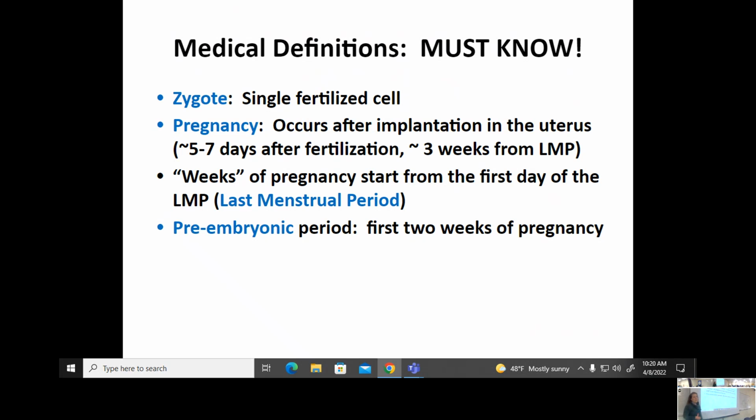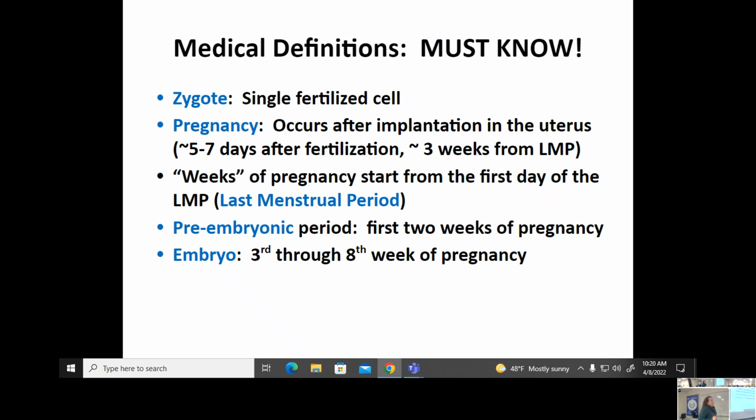And that's the part that's a little bit invisible and hard to literally detect. And then once you have implantation and you can detect the hormones from it, that's called embryonic stage. So embryonic stage of pregnancy would be from 3 to 8 weeks. Up until then, it's called pre-embryonic.